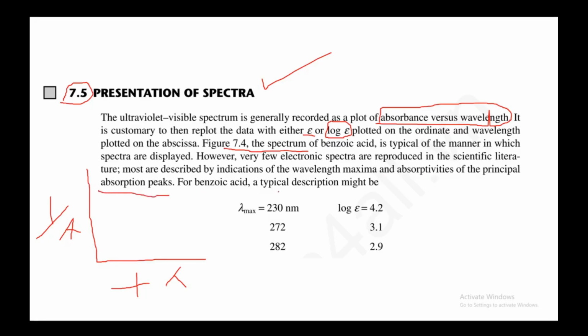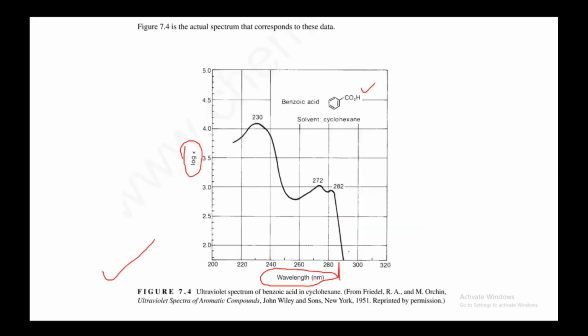For benzoic acid, a typical description might be: the lambda maximum for benzoic acid is 230 nanometer, and the molar absorptivity is 4.2; the second peak is at 272 and molar absorptivity is 3.1; the third peak is at 282 and molar absorptivity is 2.9. These are the peaks which appear for benzoic acid in the ultraviolet visible spectrum.